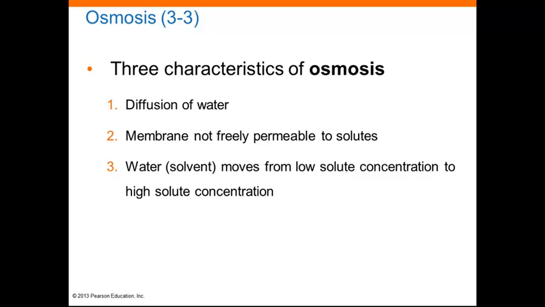So it's diffusion of water. The second is that osmosis occurs across a selectively permeable membrane that's freely permeable to water, but not freely permeable to solutes. And the last characteristic of osmosis is that water flows from low solute concentration to high solute concentration.